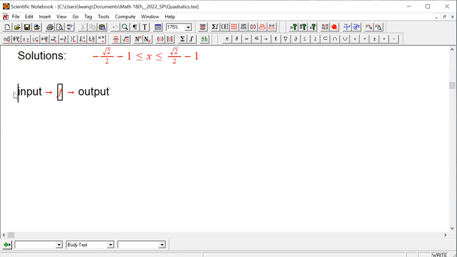When we have input, vertical line, plug in, and so on. When we have output, output could be equal to something, output could be greater than 0, less than 0. It could be many different things, which we have seen plenty of examples of here.